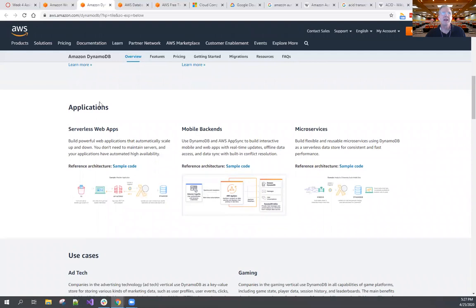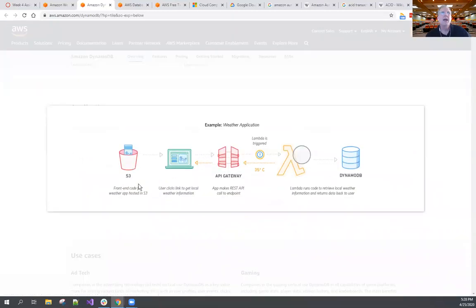Serverless web apps are definitely where we want to head with our design. Build powerful web applications that automatically scale up and down. So here we have DynamoDB. This is Lambda. This is what I was talking about where your application is serverless.